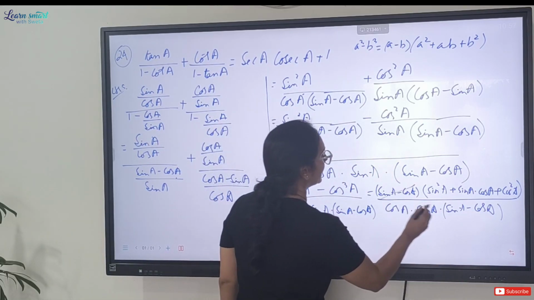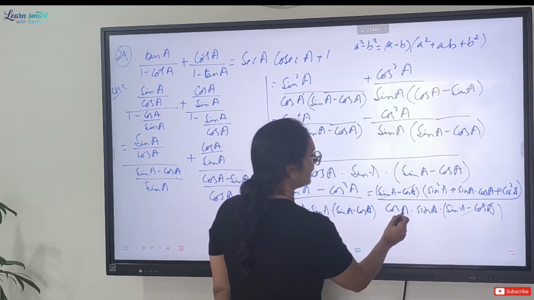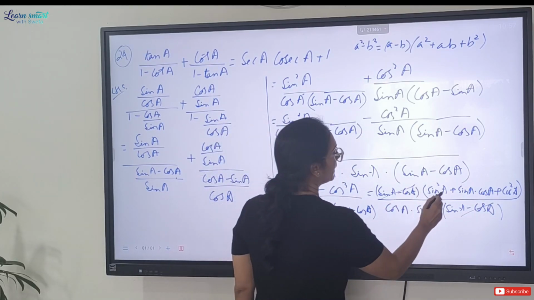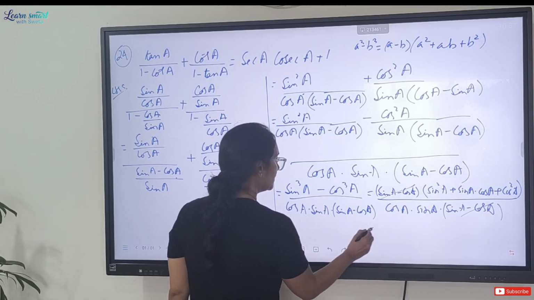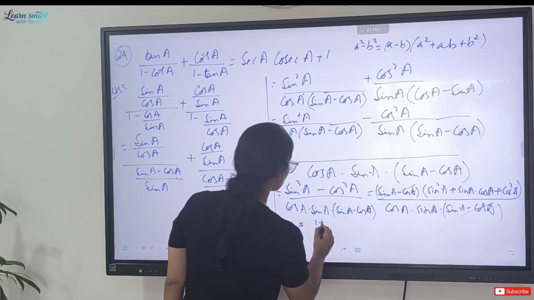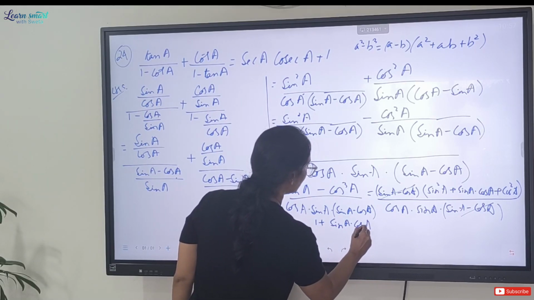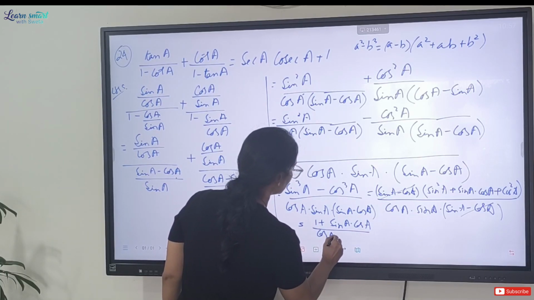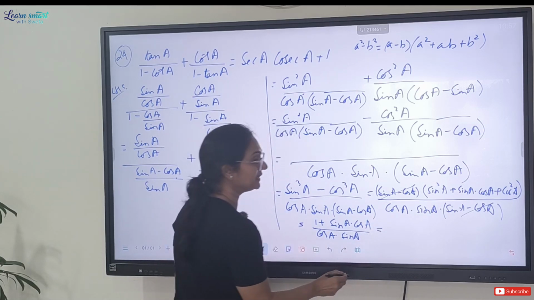See, this we can cancel. Then we have sin square A plus cos square A, which is actually 1. So 1 plus sin A into cos A we have, and denominator we have cos A into sin A. So we can write this as 1 plus sin A into cos A upon cos A into sin A. How can this be written?